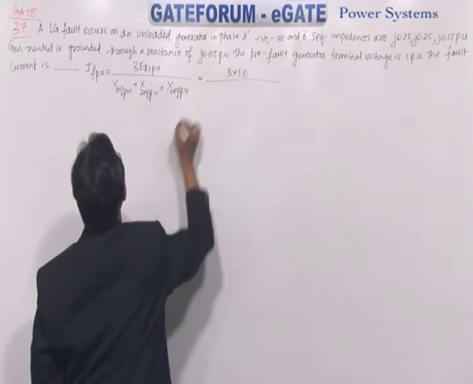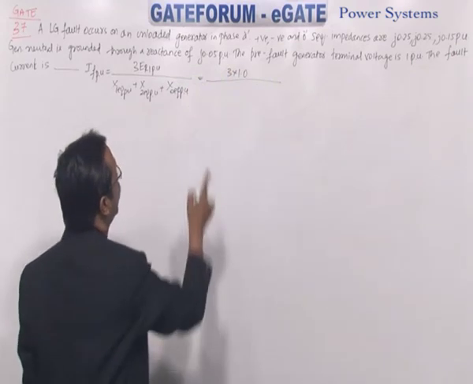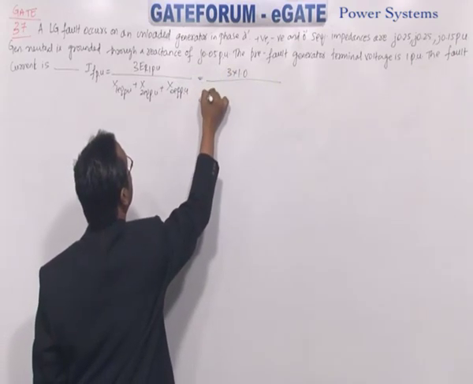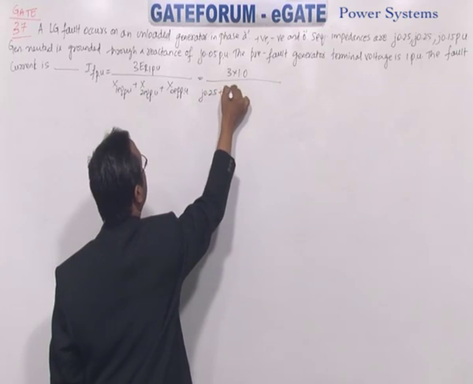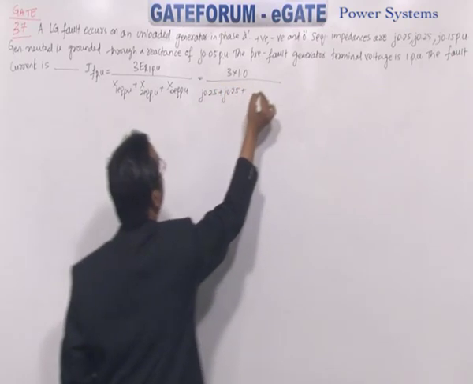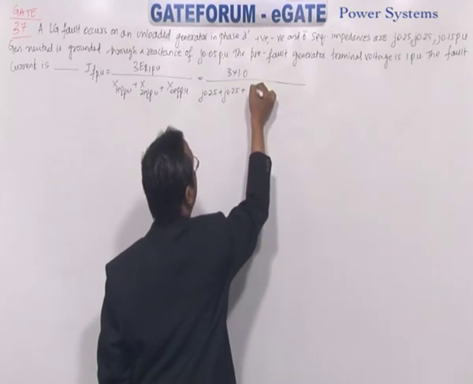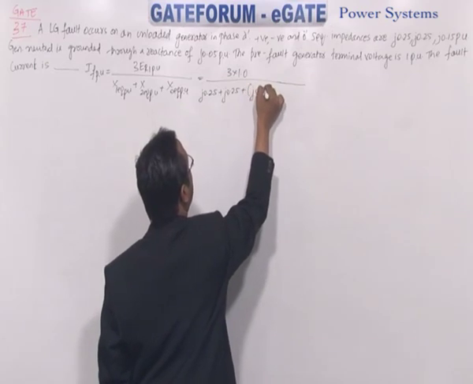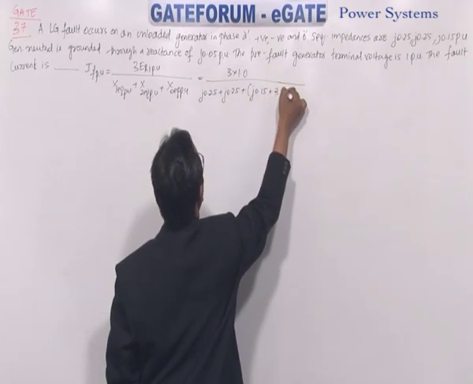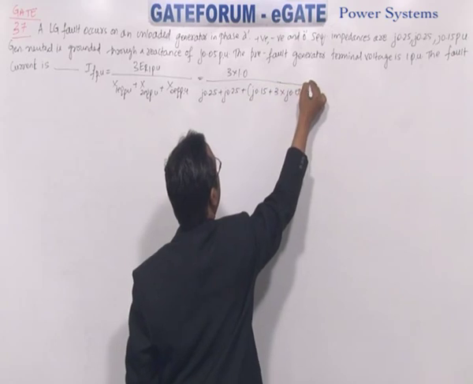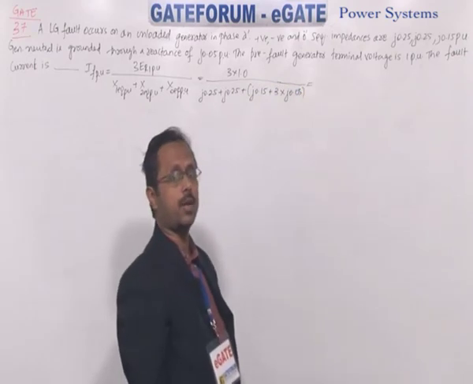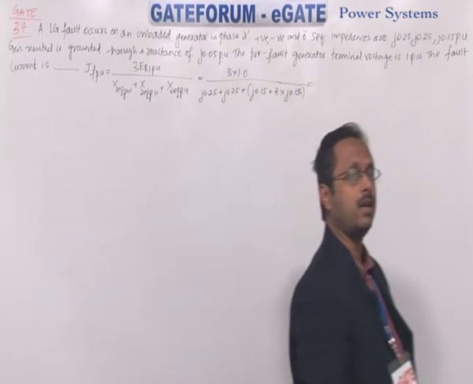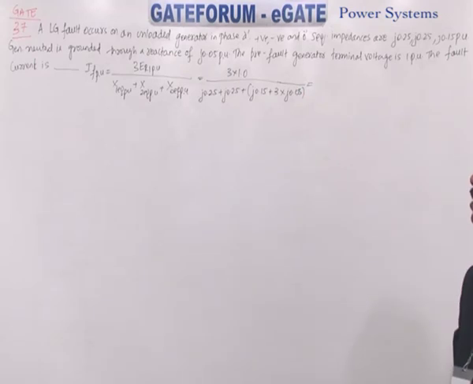X1 equivalent is j0.25, X2 equivalent j0.25, X0 equivalent is X_R0 plus 3 into Xn. You know the basic formula of X0 equivalent. How do you write it?